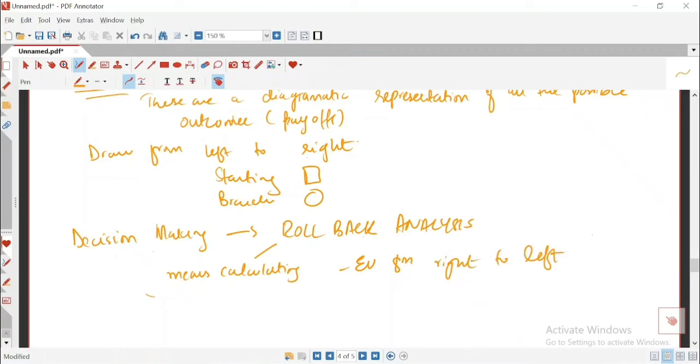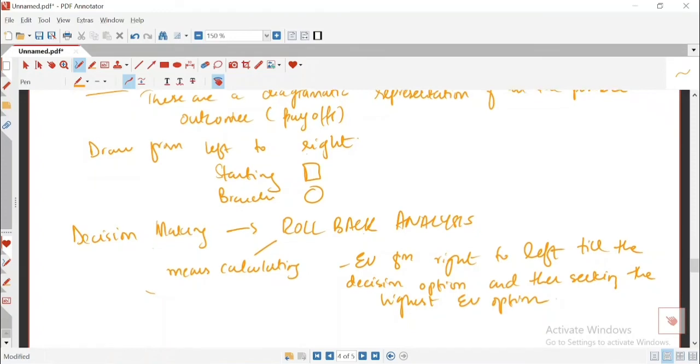Draw हम left to right करते हैं, calculation हम right to left करते हैं. मीन्स के right side से start करके left side पे ख़त्म होता है till the decision option and then seeking the highest EV option. अच्छा, इसकी एक एग्जाम्पल करेंगे सो यू विल हैव अ क्लियरर अंडरस्टैंडिंग.